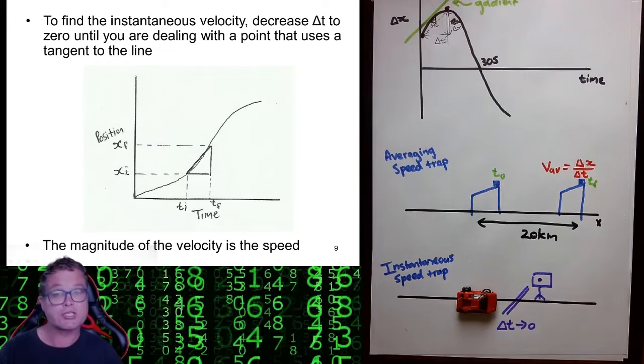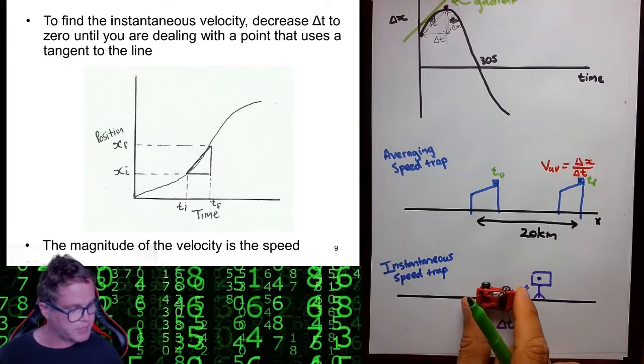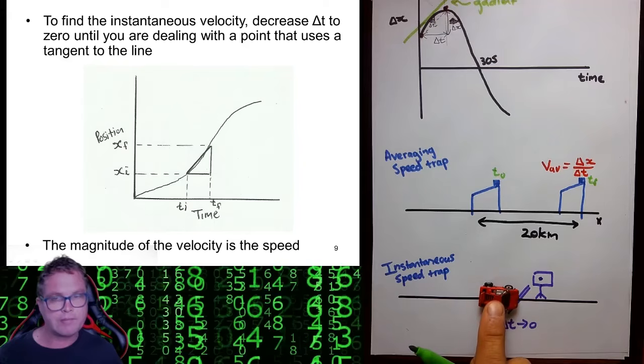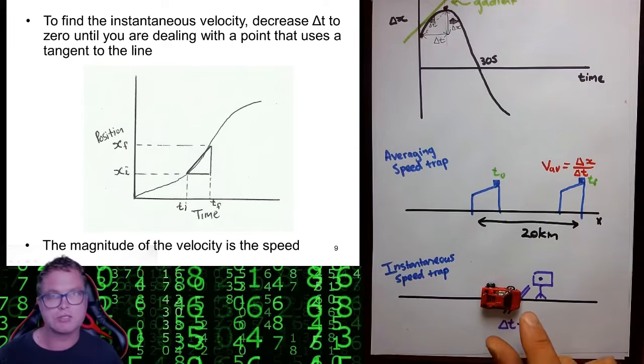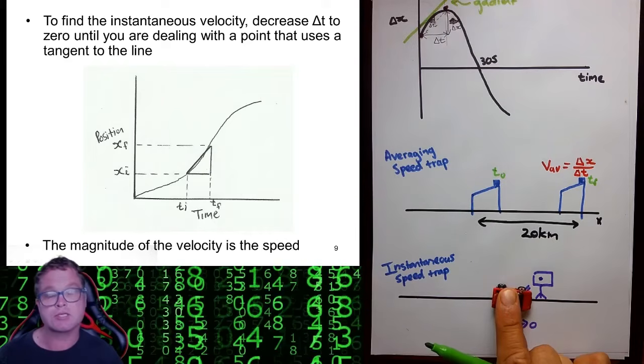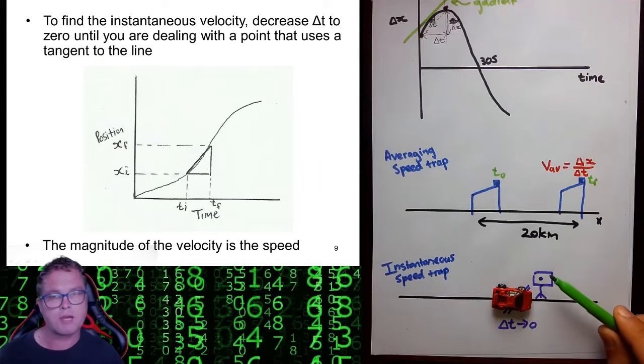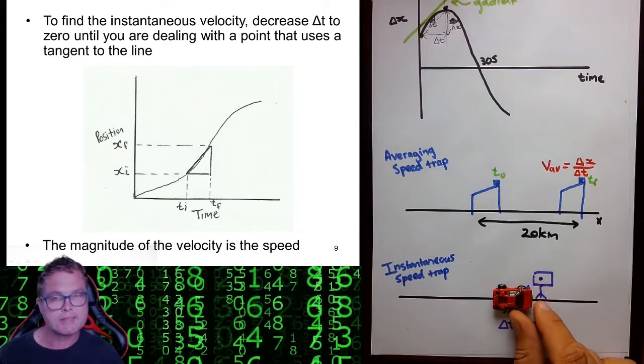So one way such a camera may work, it may have two sort of lines in the road, or triggers, and it will measure, at that instant, what is your speed? How long does it take you to cross these two lines? At that instant, it measures your speed. Perhaps it does this with a physical sensor in the road, or perhaps with a laser. But the point is, it's measuring your speed at that instant as the elapsed time tends to 0.